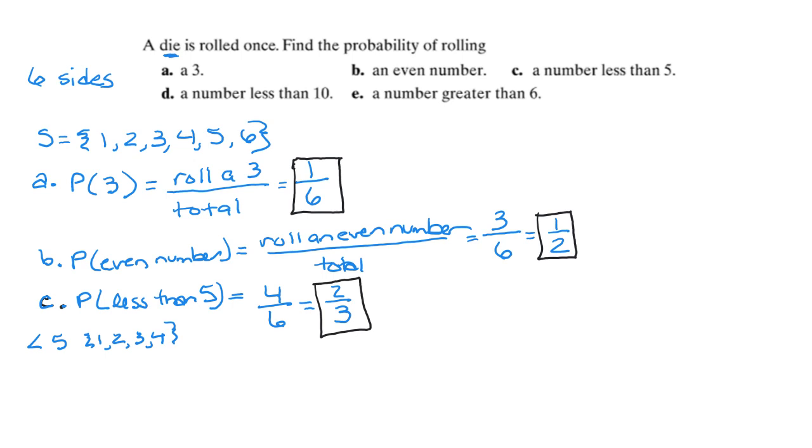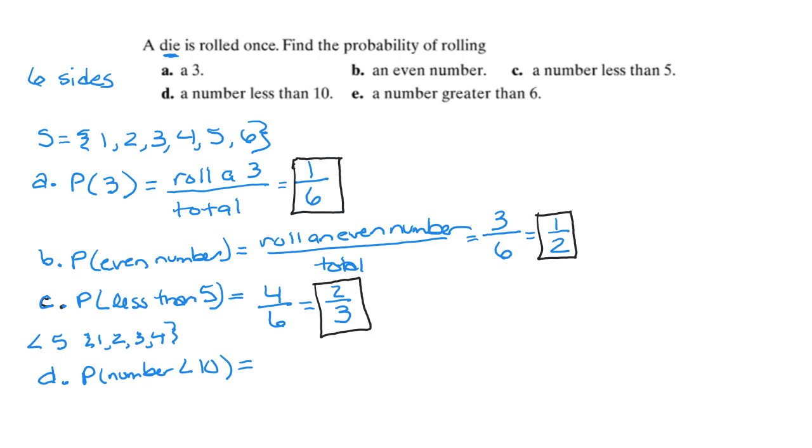All right, and then part D, a number less than 10. So I'm going to use that less than symbol. So let's take a look at our sample space and see how many numbers are less than 10.